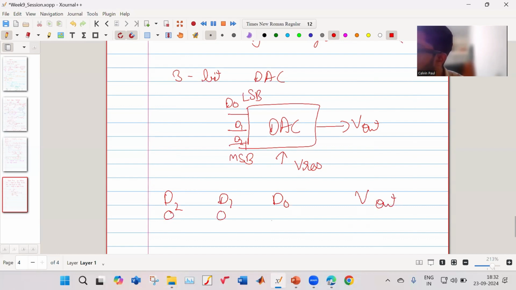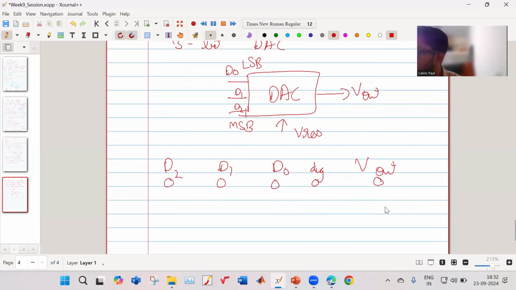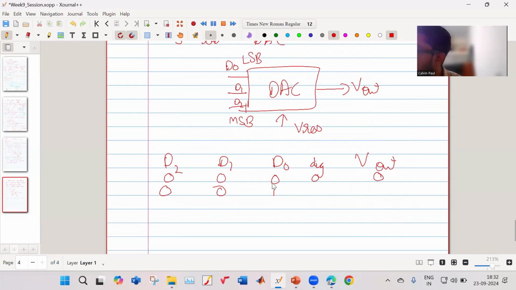If all are zeros, then in digital it means 0 and V out will be 0. If it is like this, in digital it means 1, so this will be 1 into V resolution. If it comes like this, it will be 2 into V resolution. Then 3 into V resolution.